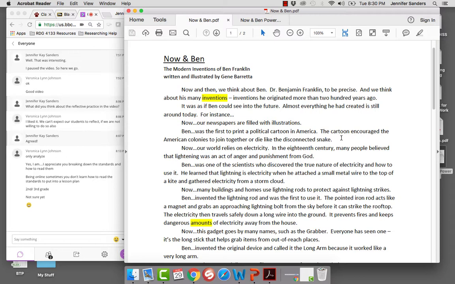The cartoon encouraged the American colonies to join together or die like the disconnected snake. Wait a minute. American colonies and Dr. Benjamin Franklin? Does that mean he was one of the first people over here to kind of be in our government, because it says political cartoon in America? And what does it mean to die like the disconnected snake? I don't know what that means.